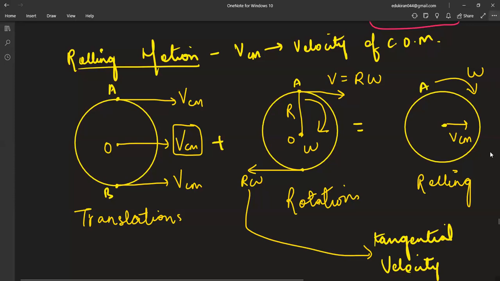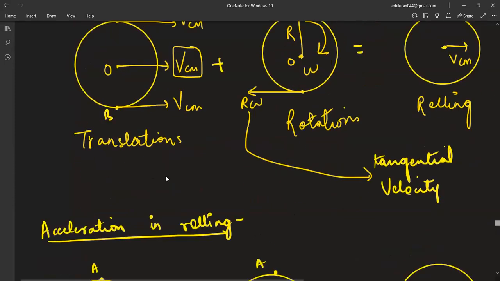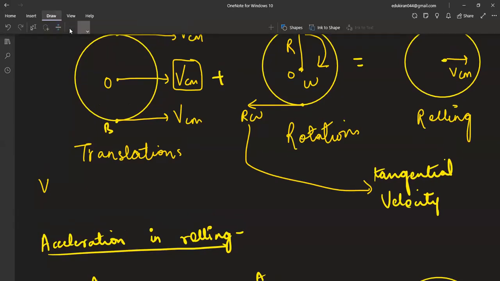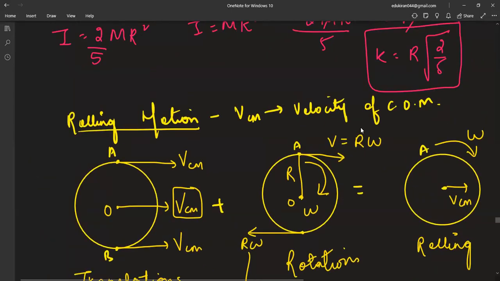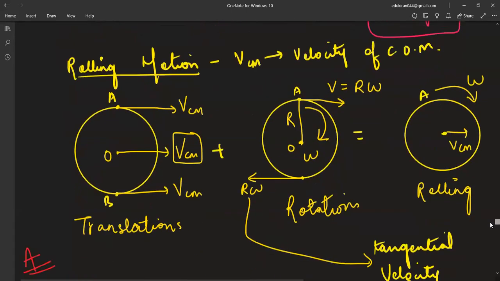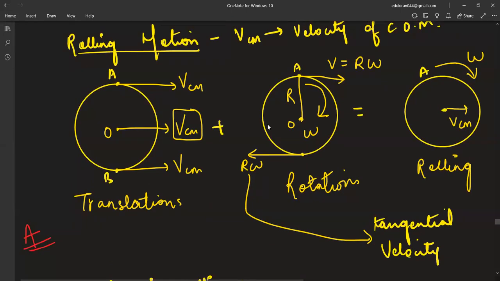So how do you conclude if I am asking you velocity at a point? In rolling motion, if you notice a point, this is VCM and r omega also acting in the same direction. Please understand this carefully because the questions are based upon this, and this is the only theory part that we have. VCM is occurring in the same direction as the tangential velocity.